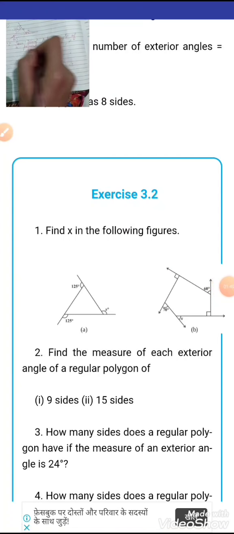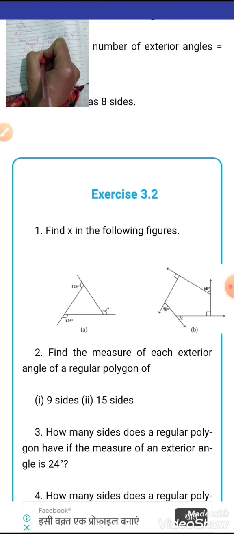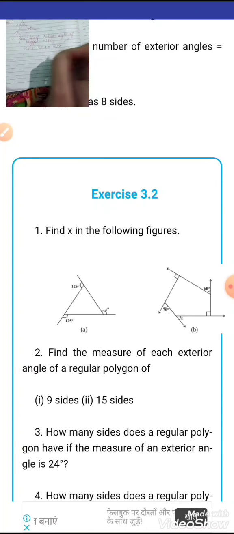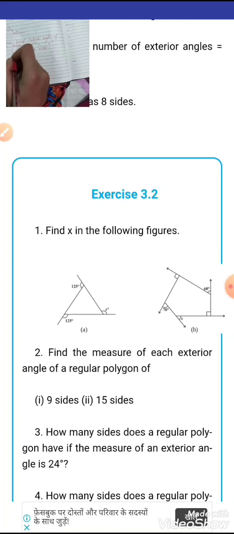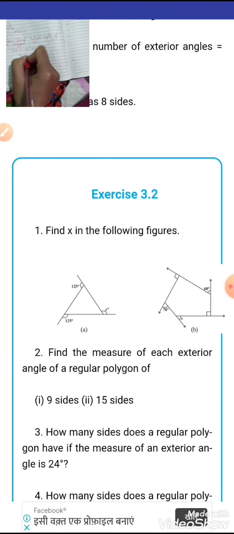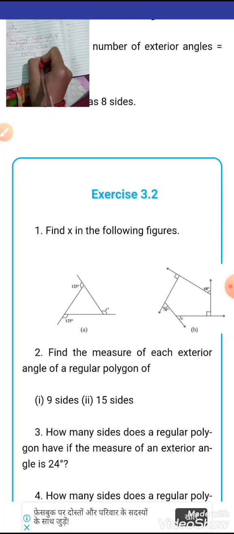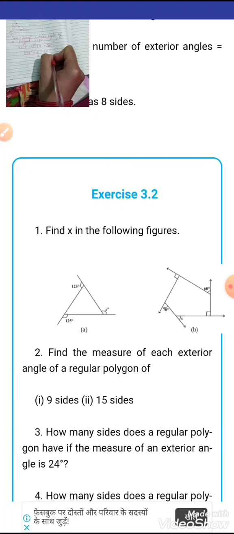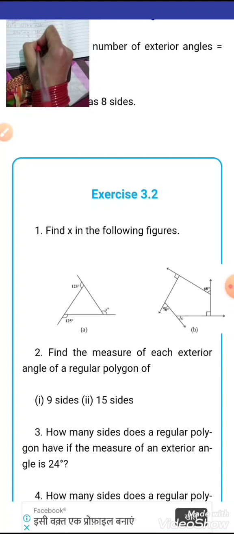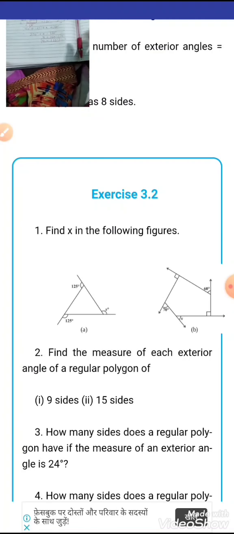Therefore 125 degrees plus 125 degrees plus x is equal to 360 degrees. 125 plus 125 is 250 degrees, plus x is equal to 360 degrees. x is equal to 360 minus 250, and our final answer is 110 degrees. So the value of x is 110 degrees.